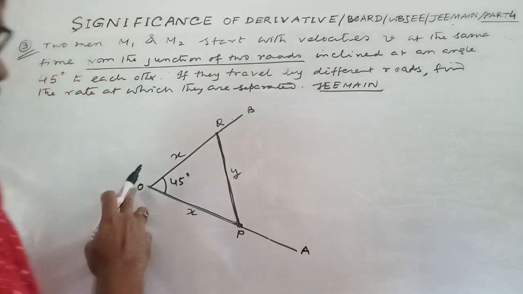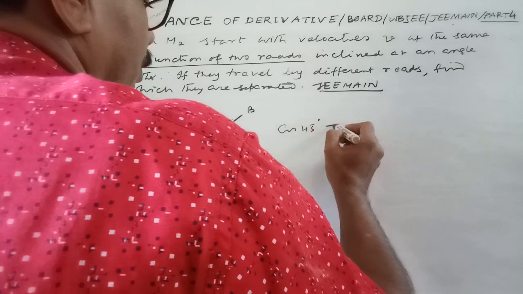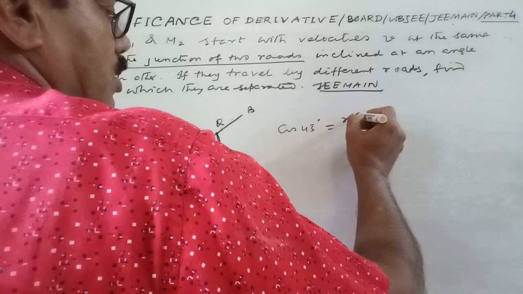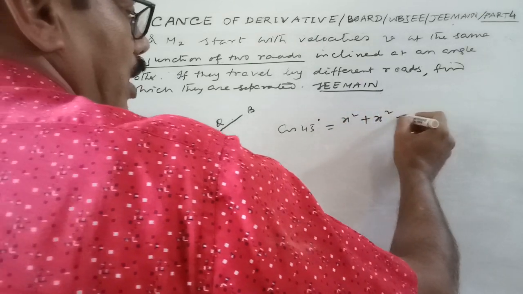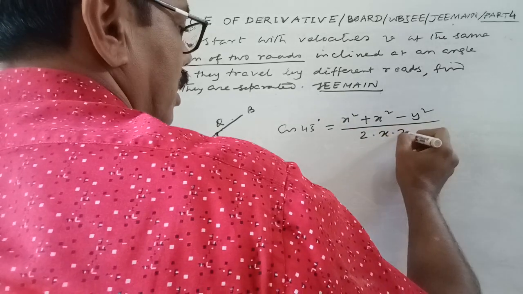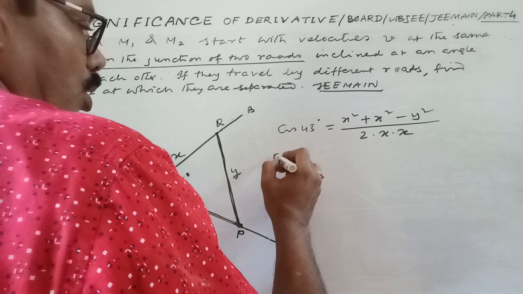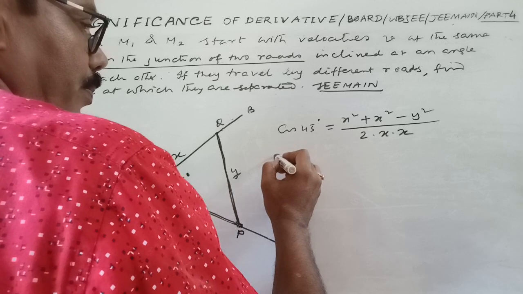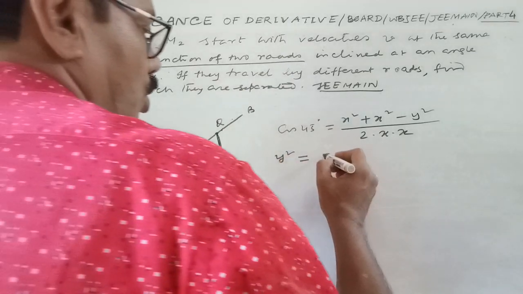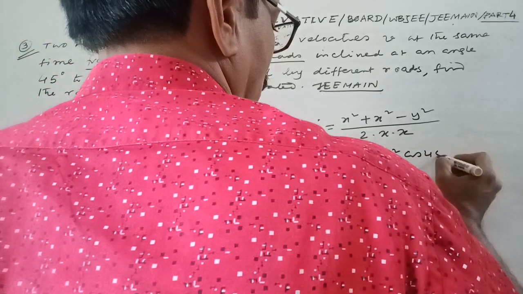From the cosine rule, cos 45 equals (x square plus x square minus y square) divided by 2 into x into x. So y square equals 2x square minus 2x square cos 45.